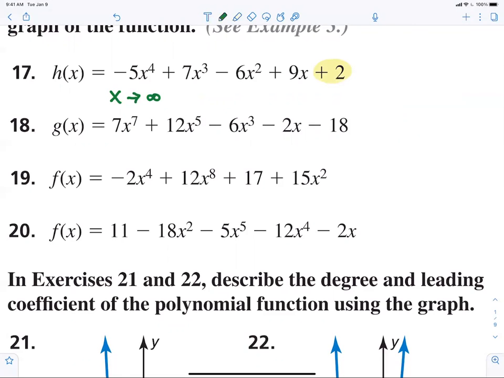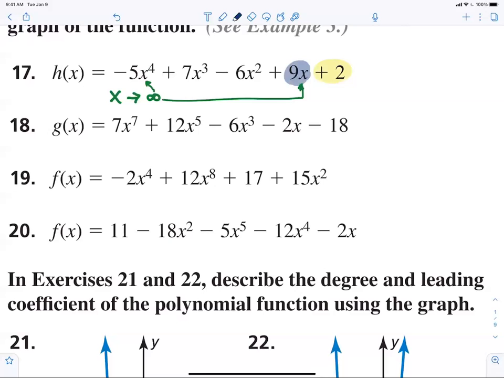So if I put infinity in for X, is that going to make a difference? Yes. So now if you think it's going to make a difference, compare that if I plug in infinity to the 4th power. We say that infinity to the 4th power is so much greater than just infinity that this 9x is also insignificant.